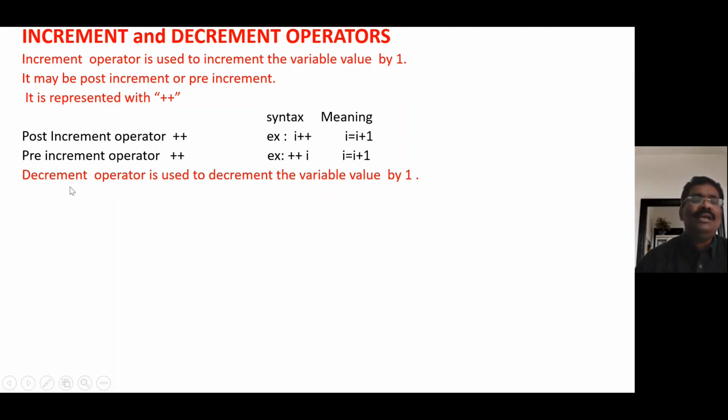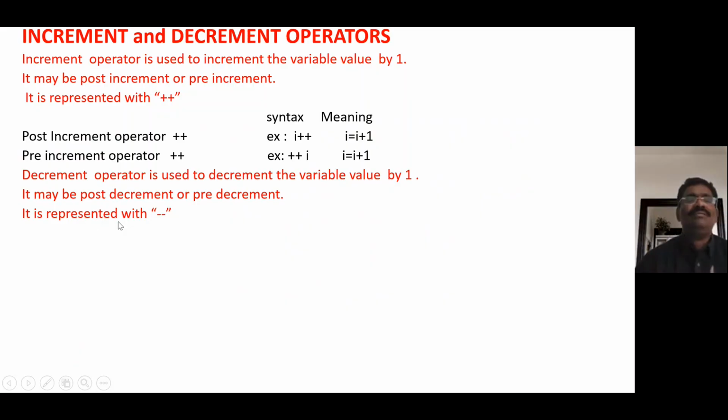In the same way, the decrement operator is used to decrement the variable value by 1. It may be post-decrement or pre-decrement. It is represented with the double minus sign.